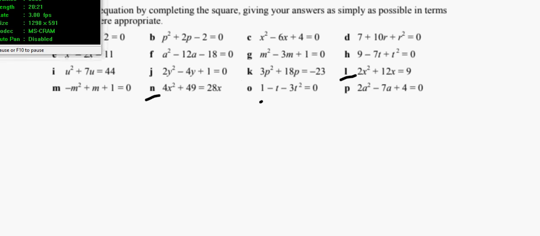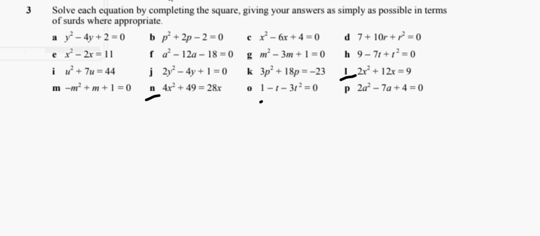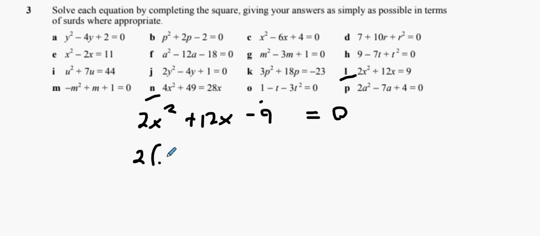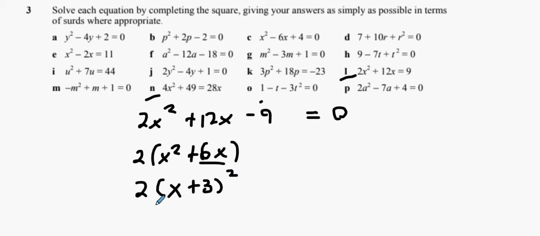So, for part L, you bring over the 9, take out the 2, you identify that as a 6x, so that means what you're going to use in the perfect square, x plus 3 squared. You multiply that back out, you get x squared plus 6x plus 9.